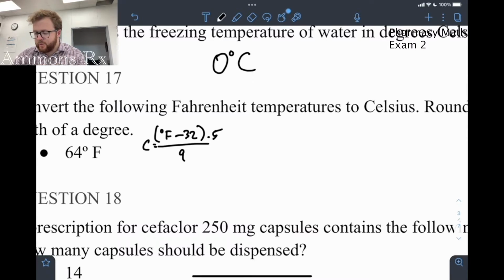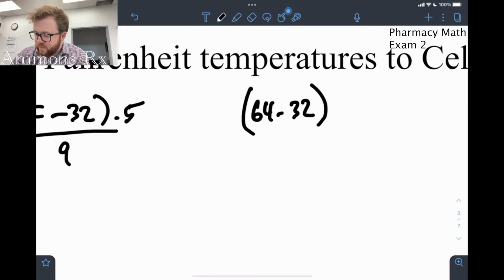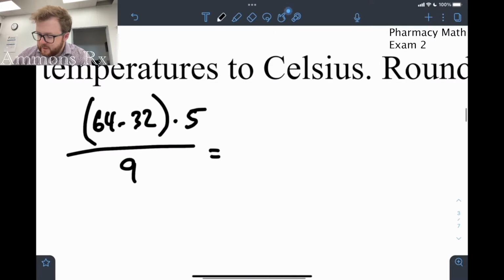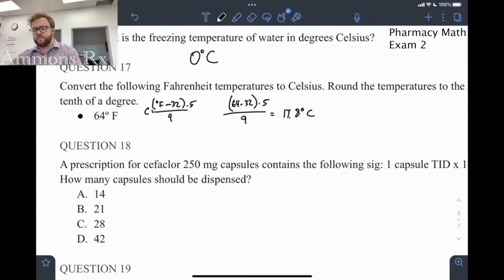So first thing first, we need to plug in our 64 minus 32 is 32 times 5, 160 divided by 9 is 17 point, we'll call that 8, okay, 17.8 degrees Celsius.